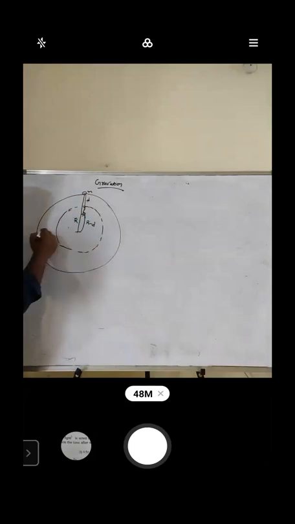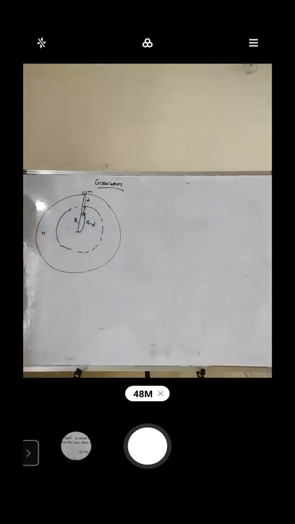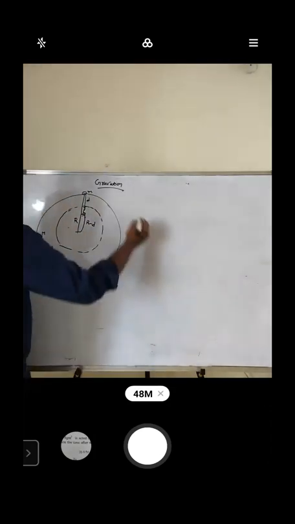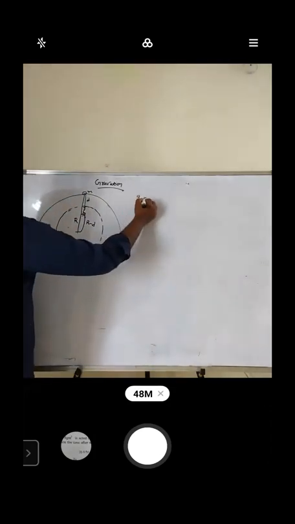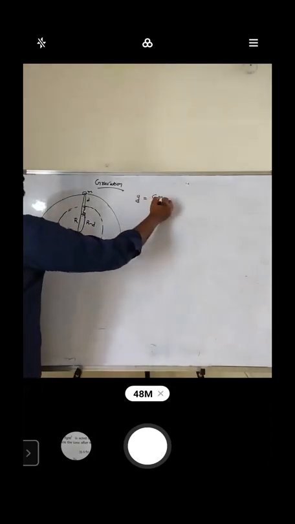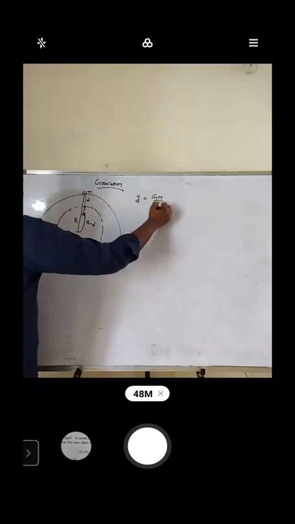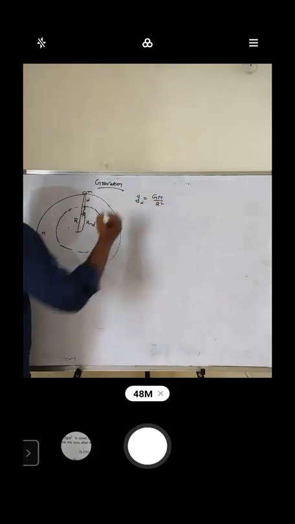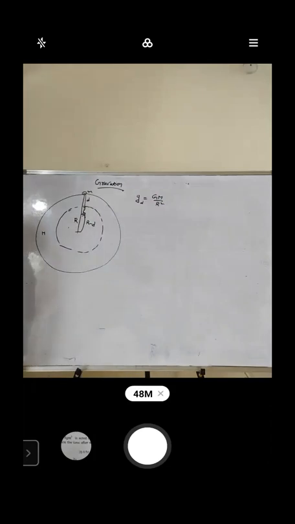The Earth's mass is capital M, and it has radius R. The object is moving inside the Earth, at a certain depth D, so the remaining distance is R minus D. As we know, small g equals GM by R square. At the depth, g_d equals GM by R square.